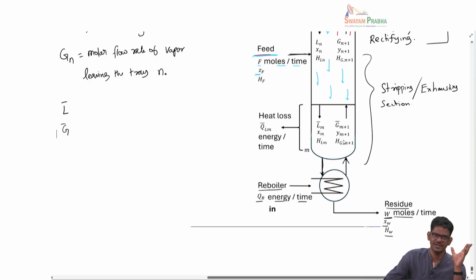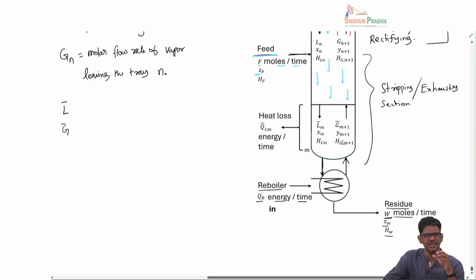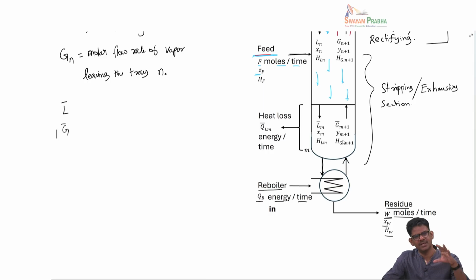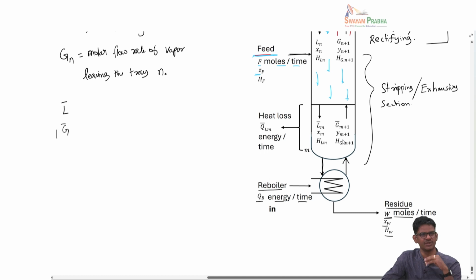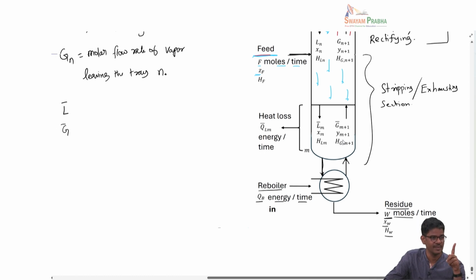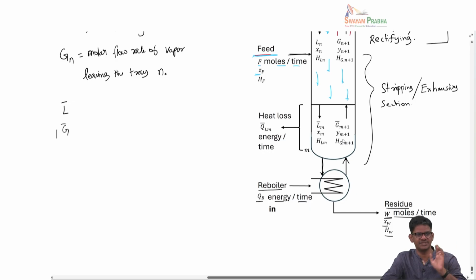Now, if you remember, the absorption that we discussed also involves a gas-liquid operation. It's a single column. Gas enters at the bottom, leaves at the top, liquid comes in at the top and leaves at the bottom. The liquid and gas flow rates are almost constant throughout the column. So you have one operating line, and from that we have the staircase construction to find the number of stages.